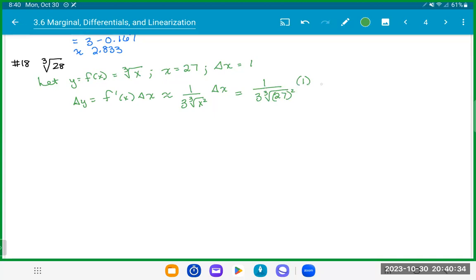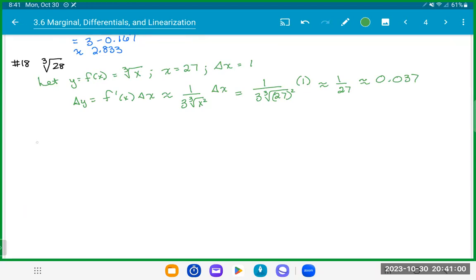So this gives me approximately 1 over 27. And that's approximately 0.037. Okay. So that's our delta y.